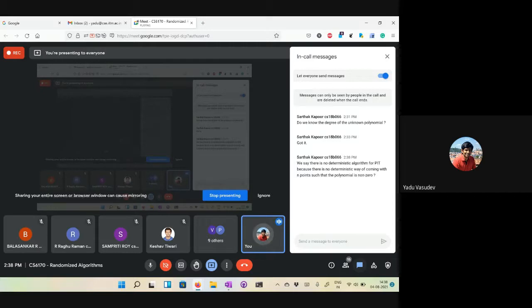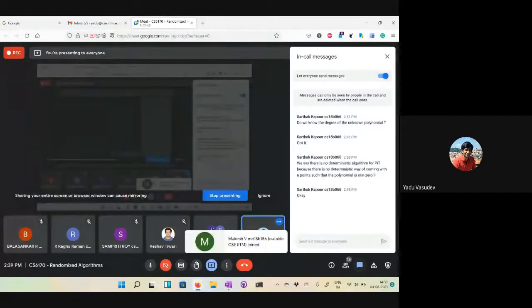What you want is also an efficient algorithm, right? You could always try out different sets of points. You can try out all possible combinations of different n-tuples and see what evaluates to 0 or not, and so on. But what I want to say is that there is no efficient deterministic algorithm, right? That is what is being claimed.